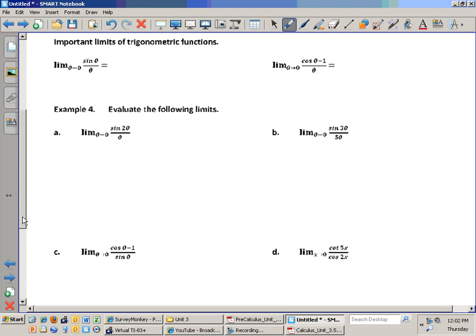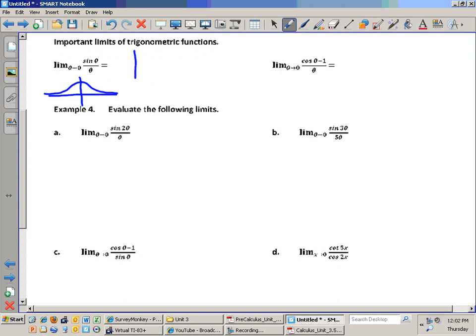If you were to graph sine of theta over theta, here's the picture of the graph that you get. It goes like this, except it's discontinuous at one spot. Does anybody know where it would be discontinuous? 0. You can't put 0 in the denominator, but at 0 it approaches 1.